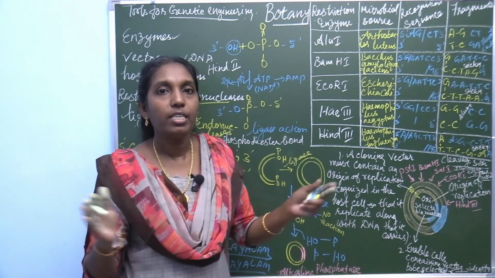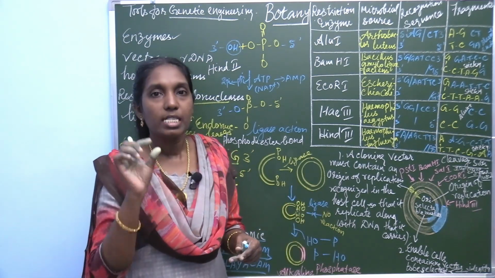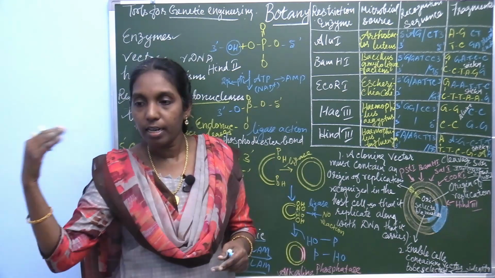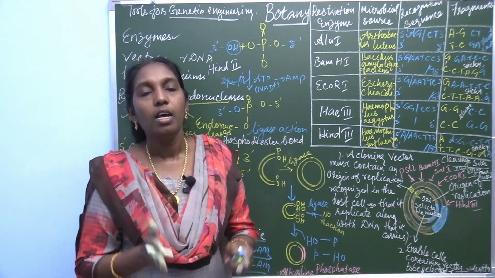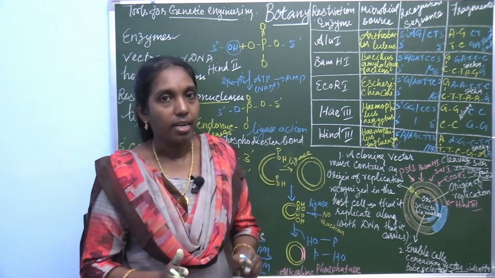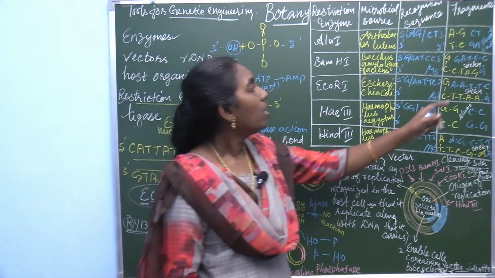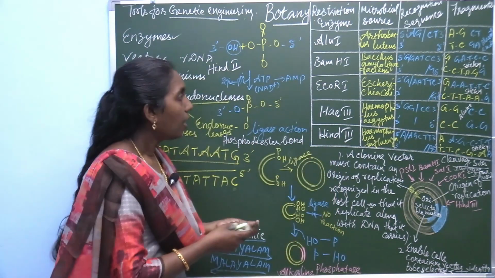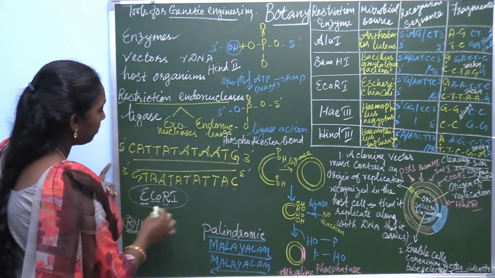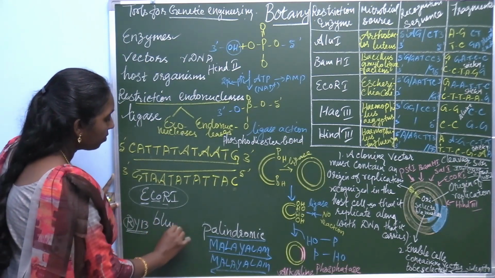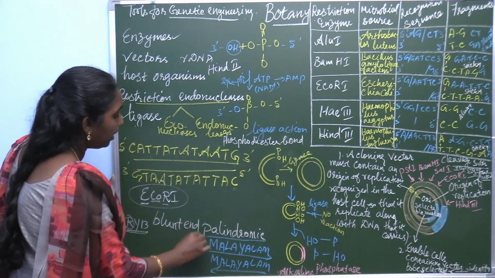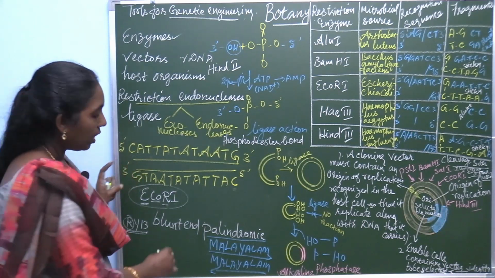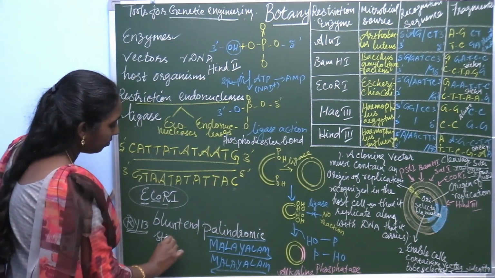According to the cleavage nature, the enzyme cleaves either in the center or at the ends of the recognition site, so it can be divided into two types: blunt end or sticky end.